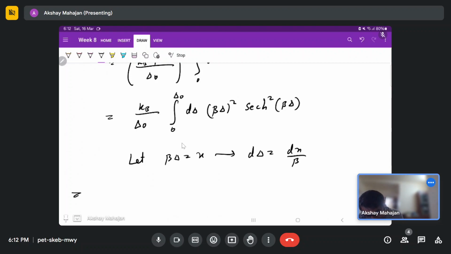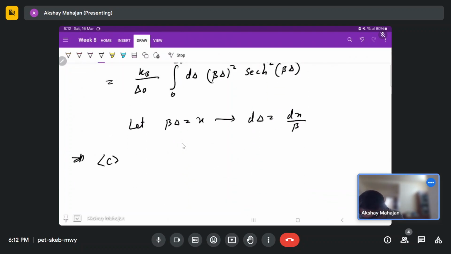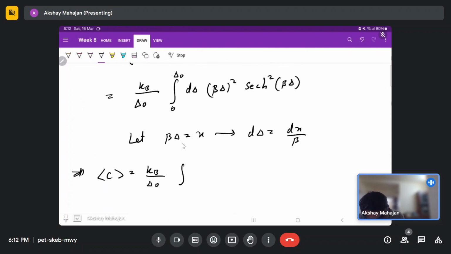Okay, so therefore what we will have, our expected heat capacity now, will be equal to kb times delta naught, integration where x will be from 0 to beta times delta naught. Let's say this x naught is equal to beta times delta naught.